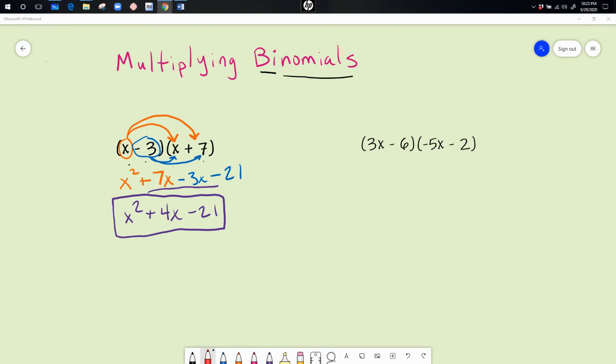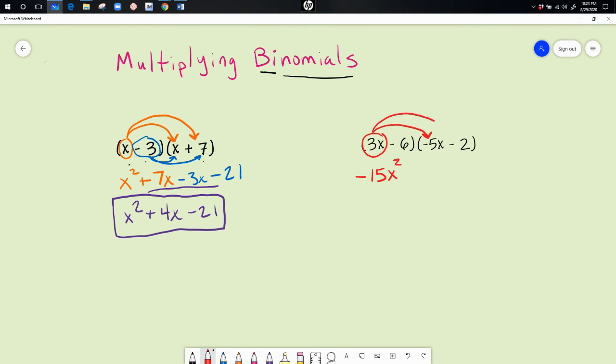So the first thing we're going to do is take this positive 3x and multiply it by negative 5x. So a negative times a positive is a negative 15, and x times x is x squared.